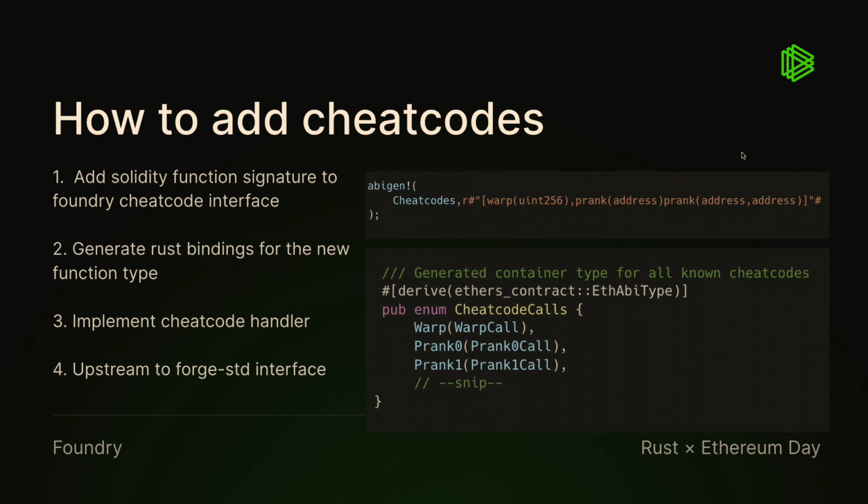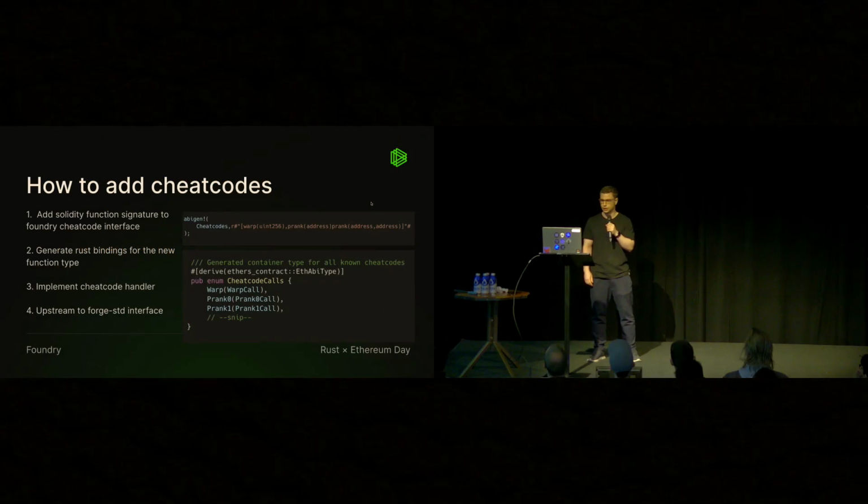So what you get by invoking the Abigen proc macro with a set of Solidity functions is an enum for all the cheat code calls that supports decoding, encoding, things like that.